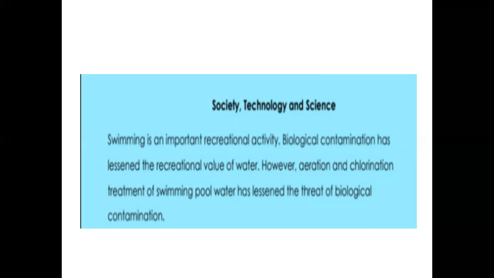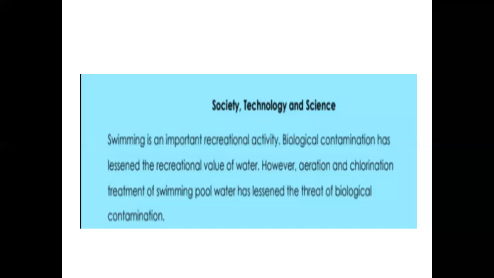Biological contamination means as people use a swimming pool, they come in contact with water, and that water becomes polluted by organisms, so it is important to clean the swimming pool by two important processes: aeration, I told you, by passing air through it, and chlorination by passing chlorine gas through it, which will kill all the germs present in water.